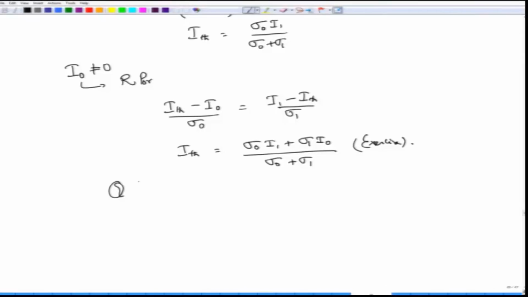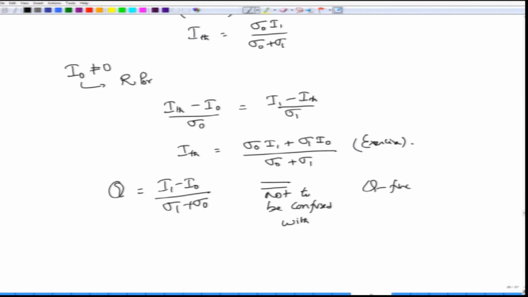Okay. And for a given value of this Q factor which we had defined, and now here is a small problem, this is the Q factor which we had defined as I1 minus I0 by sigma 1 plus sigma 0. This is not to be confused with the Q function. It is unfortunate that we have used the same expressions for both, but that is how life goes.